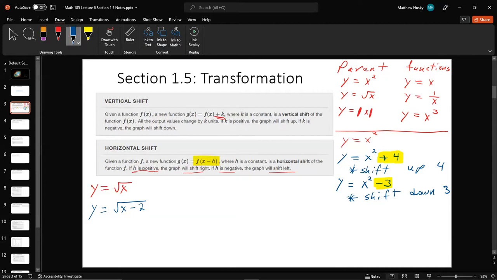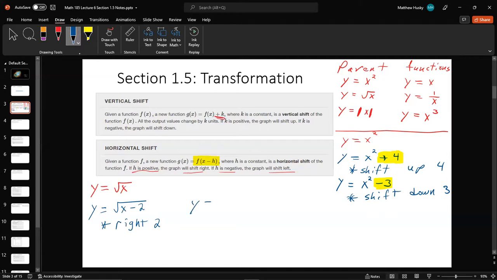So this may be a little bit counterintuitive, but if it's -2 like that, it's actually going to move you to the right by 2, which is a little counterintuitive, but that's what would end up happening with a graph like that.